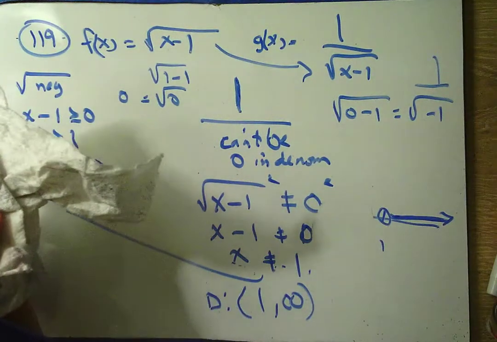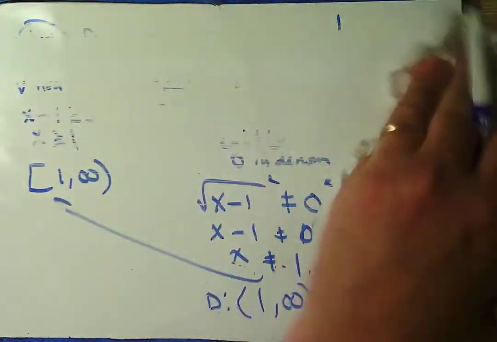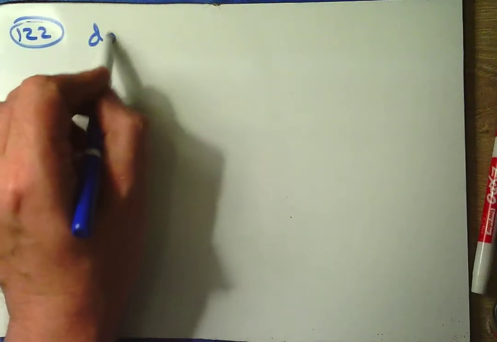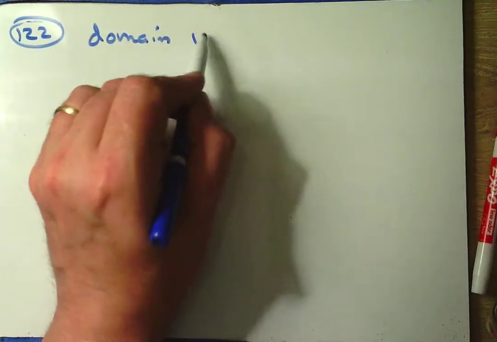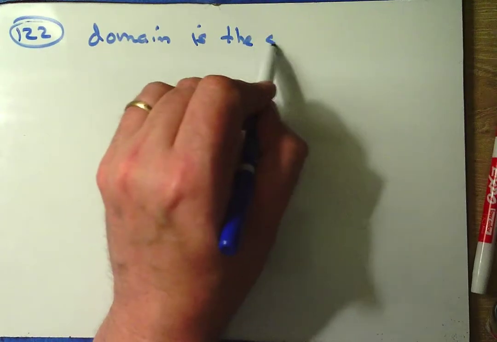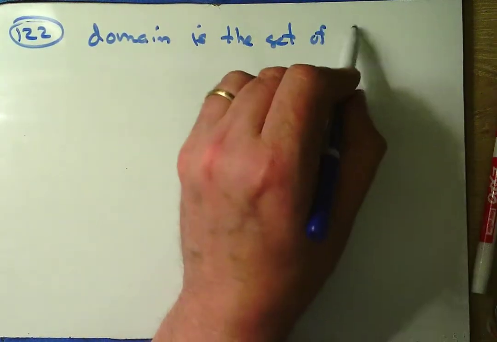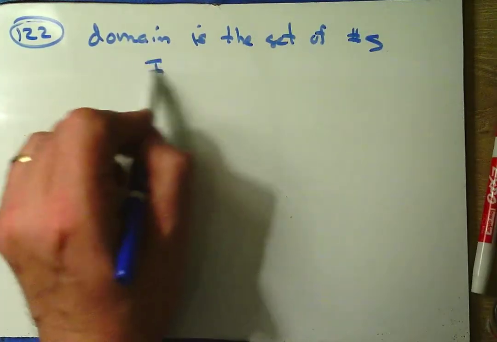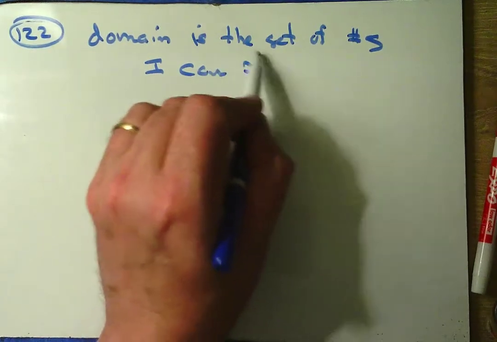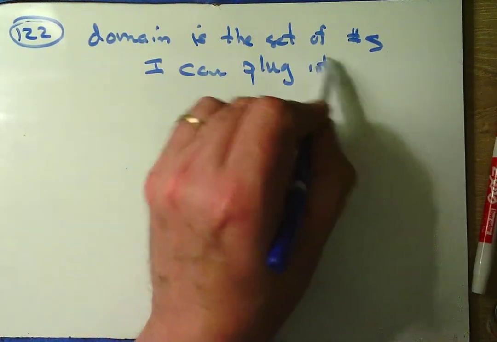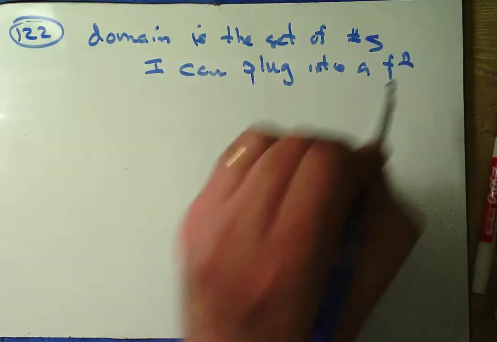Okay, let's take a look at the last problem, problem number 122. In your own words, explain the meanings of domain and range. Well, domain is the set of numbers I can plug into a function.